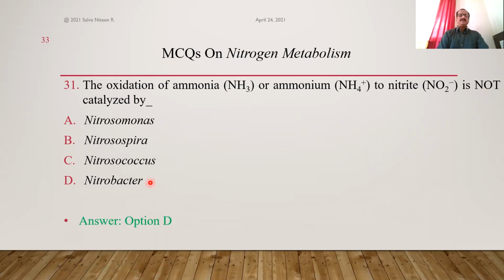So answer is D. So this is googly type question. So nitrosomonas, nitrosospira, and nitrosococcus all belong to one category. You can see here the word nitroso, and here nitroso. Nitrosomonas, nitrosospira, nitrosococcus. They are all belonging to one category. Nitrobacter is different.